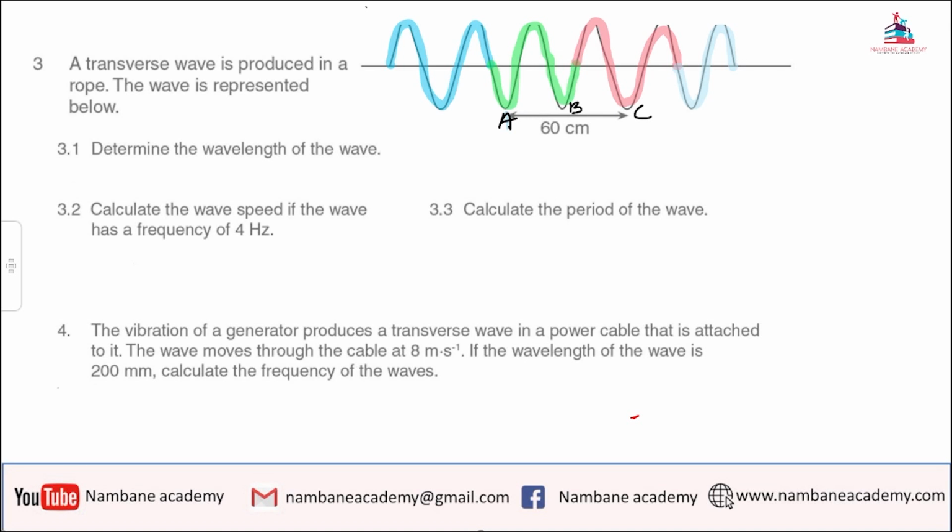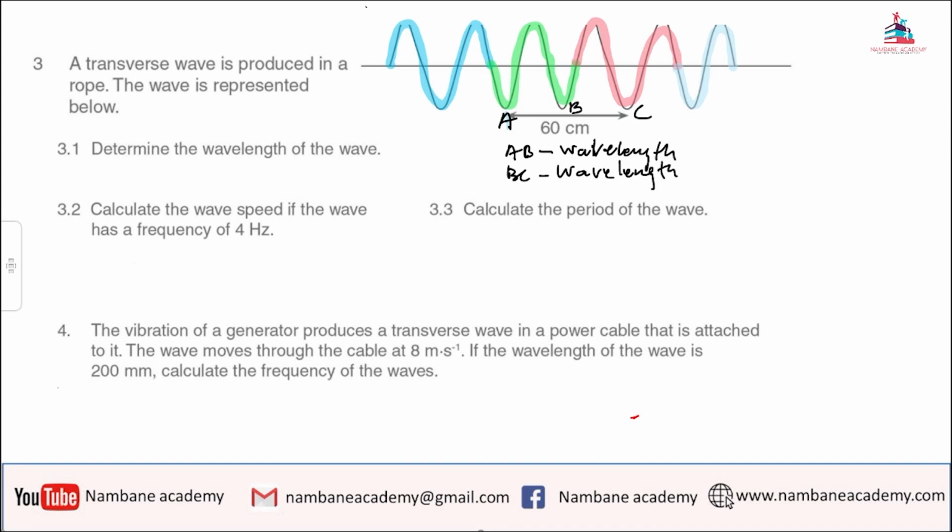because it is not 2 points that are successive to one another. However, AB is a wavelength. BC is now another wavelength.